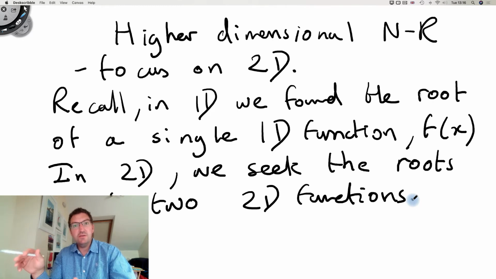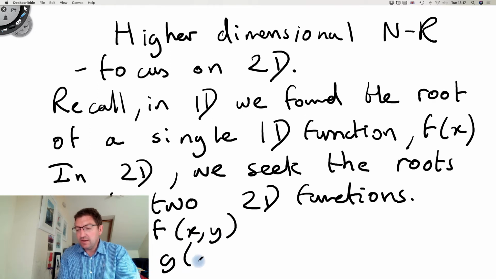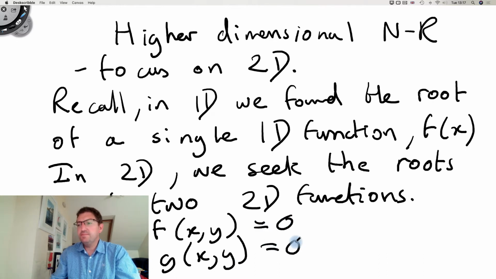For the problem to be completely constrained, you need 2 2D functions. So we're going to have f of x, y and g of x, y. So we're finding the solution to this problem. Okay, so that's the key idea.